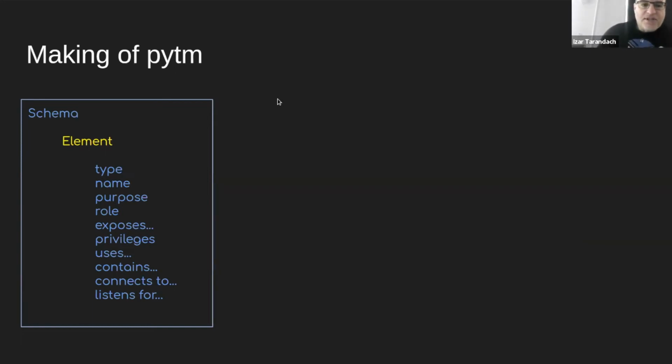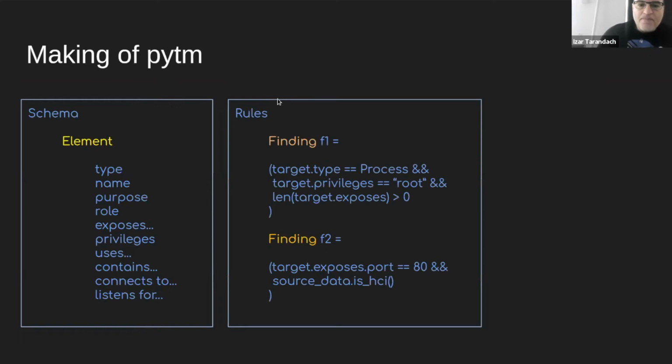On top of those elements, we have a set of rules. Now, the rules written in pyTM 1.x are actually Python Boolean expressions that at the end of the day return true or false, and they express a possible vulnerability.